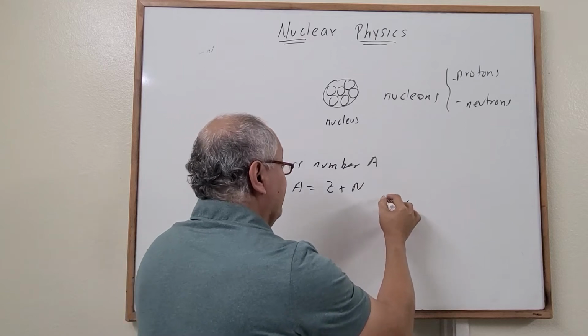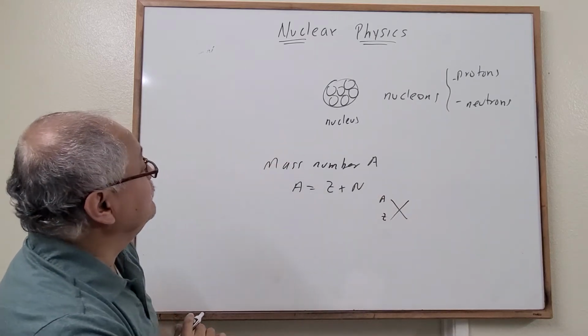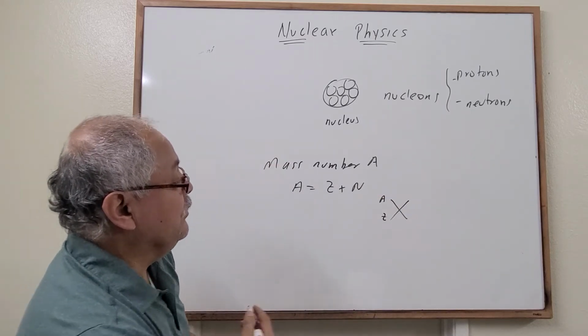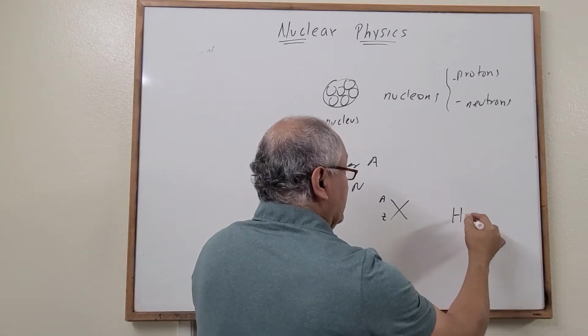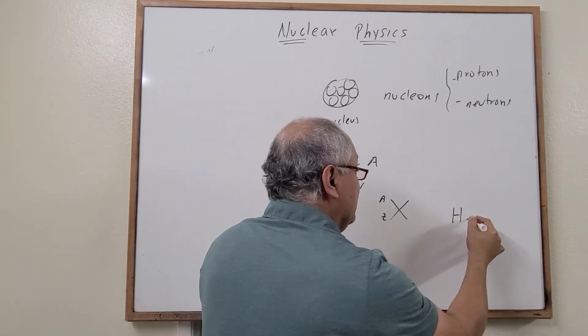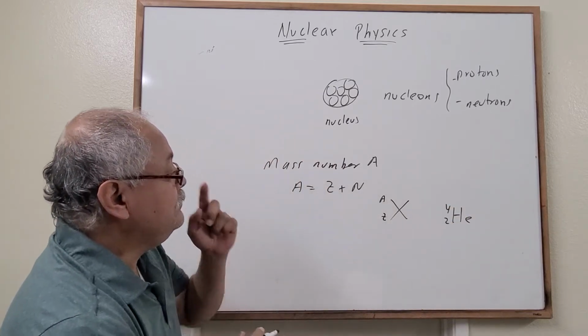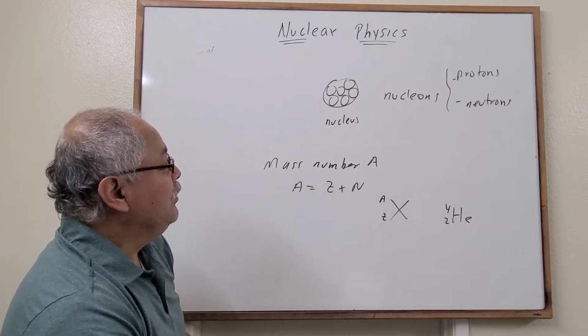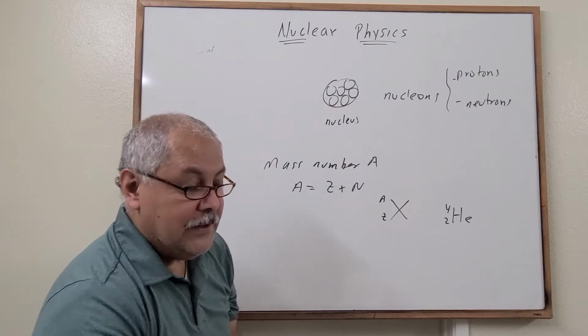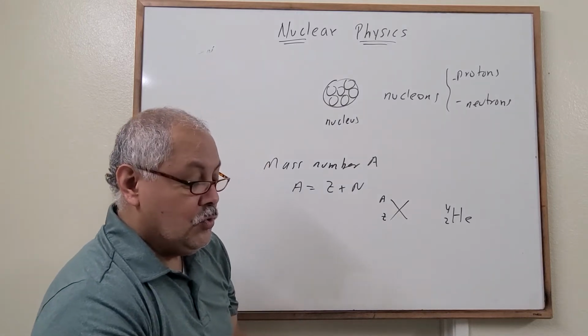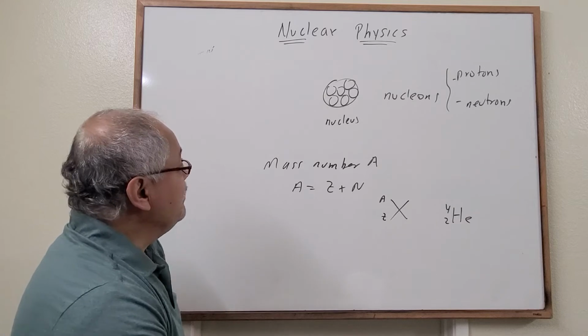And right here we have the mass number A. For example, we have hydrogen, or helium is going to be 2 and 4. Correct? Perfect.